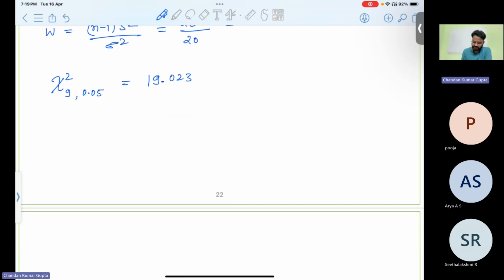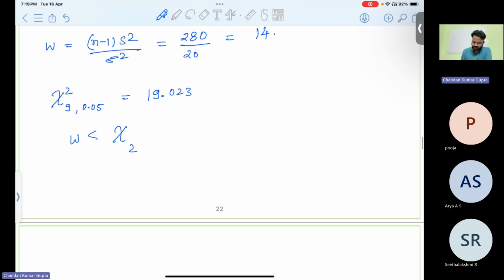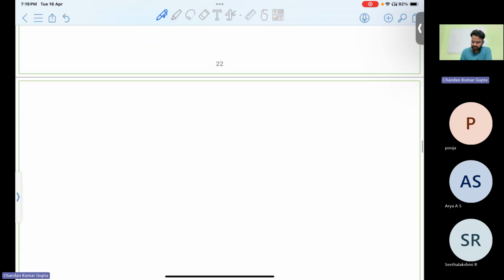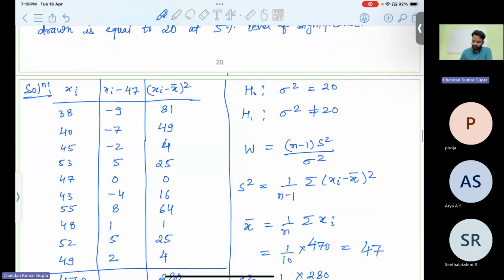So here W is less than the chi square at 0.05. This means we fail to reject H naught.